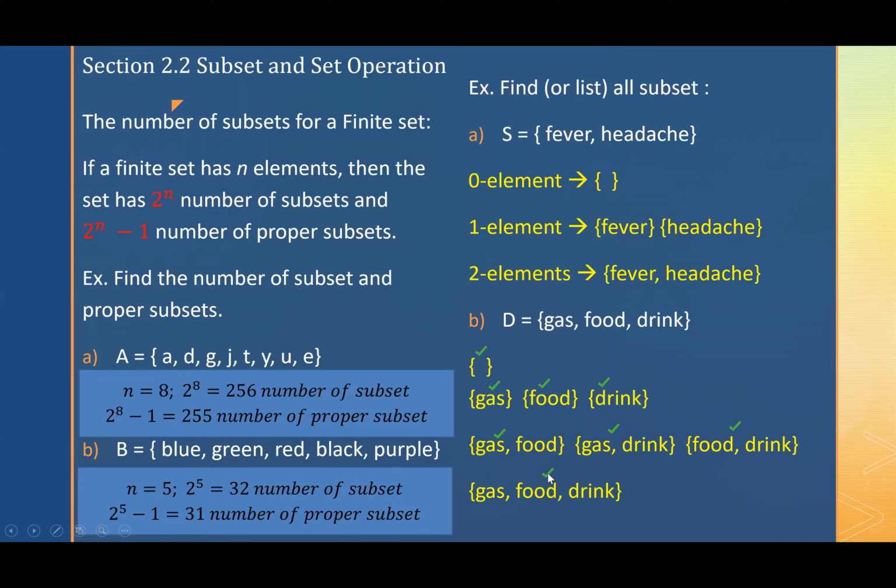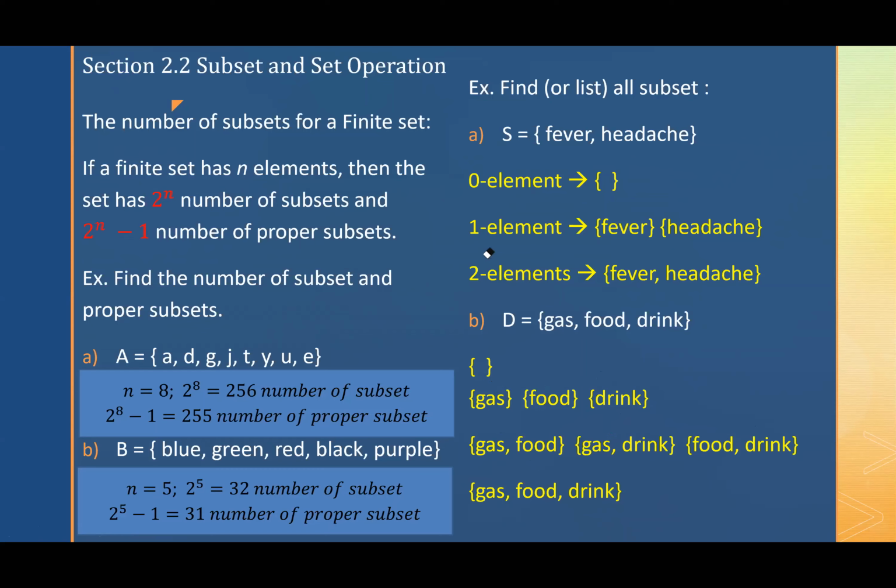So we have 8 different subsets here. If they ask you to list some but not all, meaning you only list these items and not the equal set, and you cannot list the empty set because the empty set doesn't have some. So be careful when you do your ALEKS, they ask you in that nature of wording.